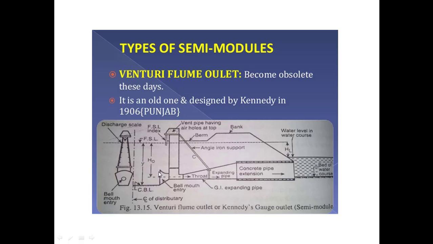This is the bell mouth entry through which the water enters here, moving to the throat and then expanding in the pipe, and then through this section the water enters the water course. This is the total working head, HL. This is the total working head through which the water moves in this whole section, entering the water from the distributary to the water course.